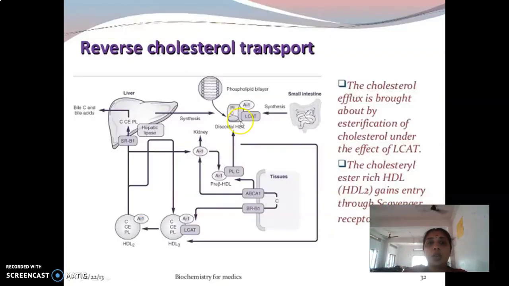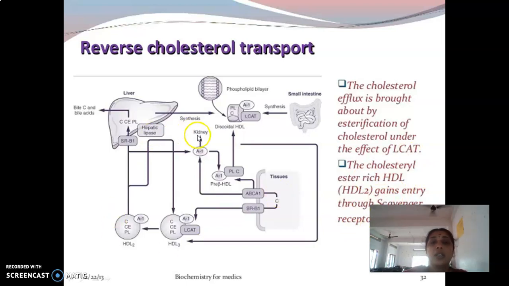Now, reverse cholesterol transport, we have already studied. That is cholesterol efflux and the esterification of cholesterol in the presence of LCAT, which is being transferred from the peripheral tissues to the liver, is known as reverse cholesterol transport, which is made possible through HDL2 and in the presence of the scavenger receptor B1.